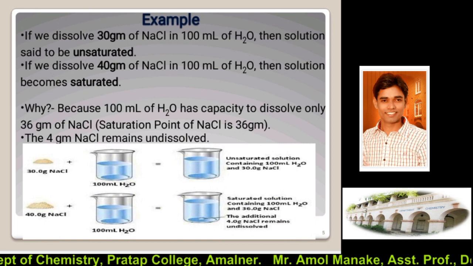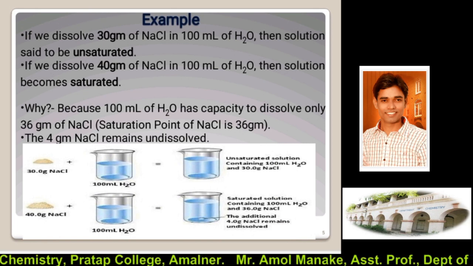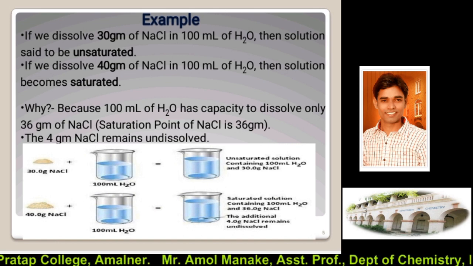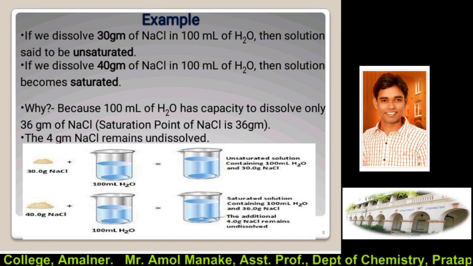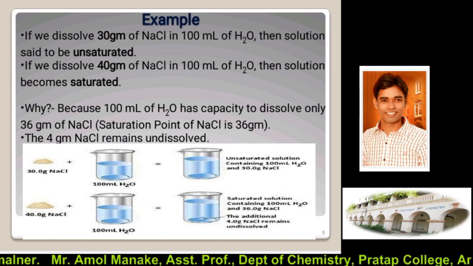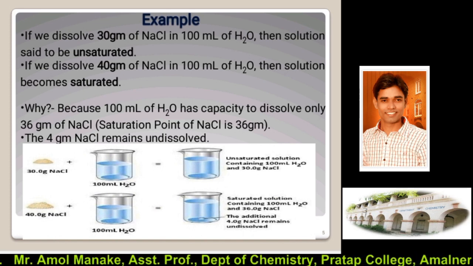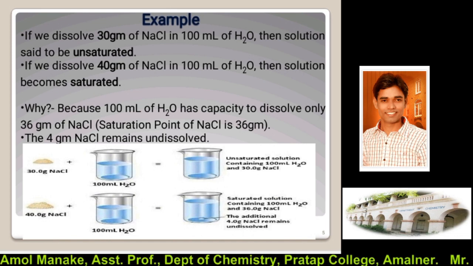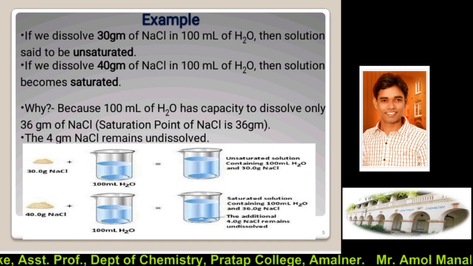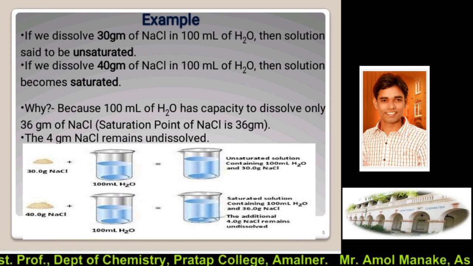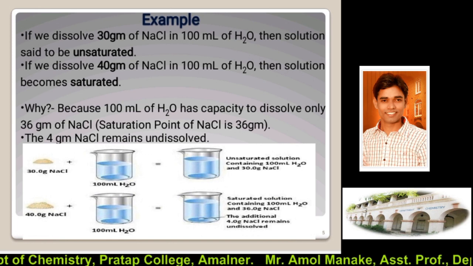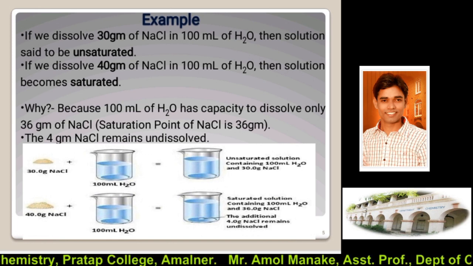This is only because 100 ml of water has the capacity to dissolve only 36 gram of NaCl. That is, the saturation point of NaCl is only 36 gram. So what will happen there? The 4 gram NaCl remains undissolved.